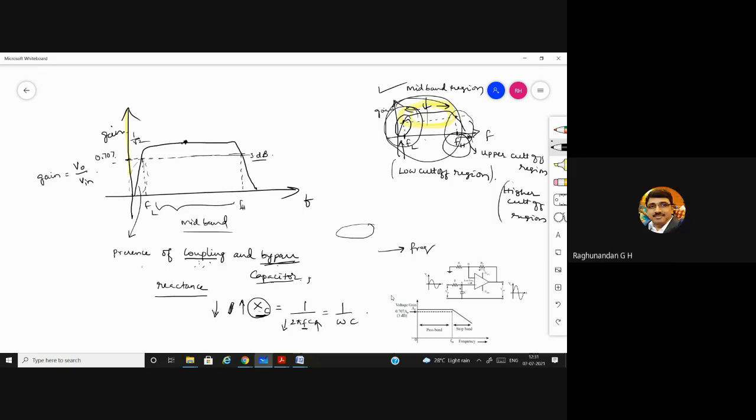In the midband region, the gain is maximum because there will be no effect of any kind of reactance in this particular region.